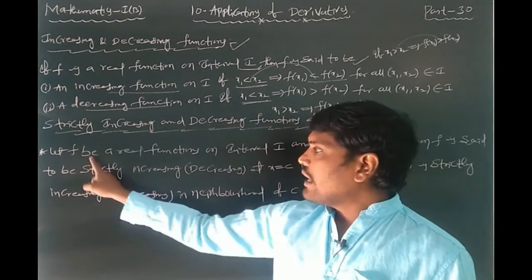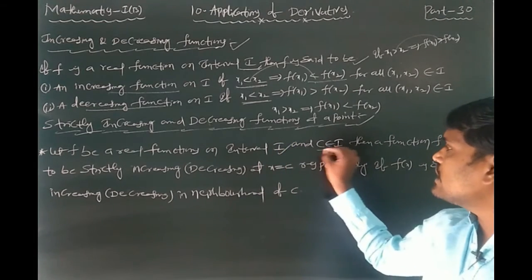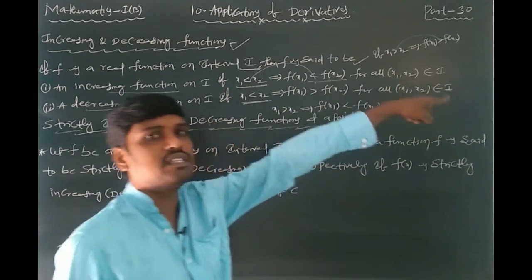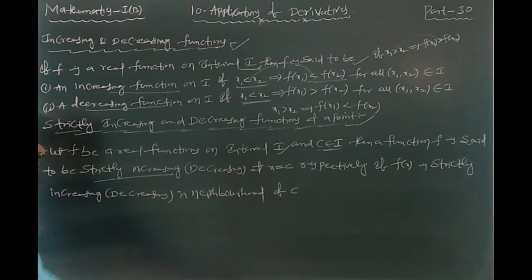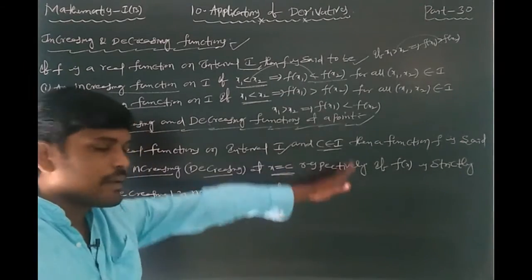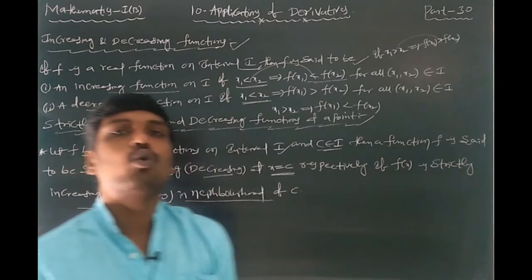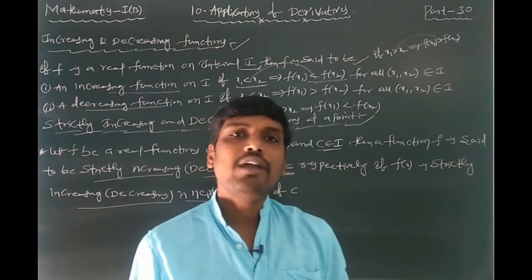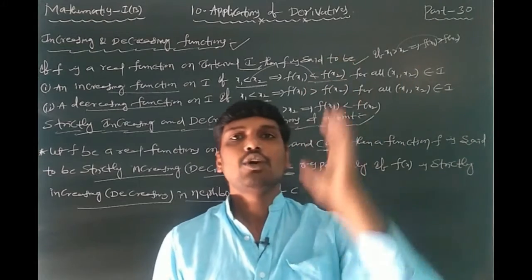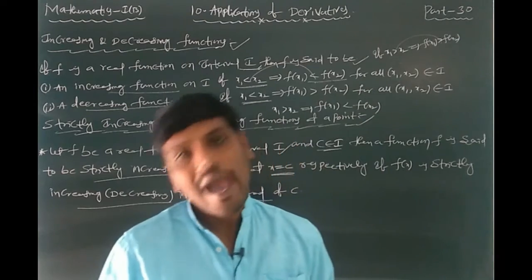Let f be a real valued function on interval capital I, and C belongs to I. Then a function f is said to be strictly increasing or decreasing at x equal to C respectively if f of x is strictly increasing or decreasing in a neighborhood of C. Here C belongs to the interval capital I. Understood or not?